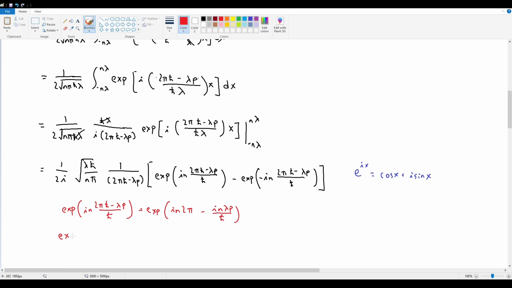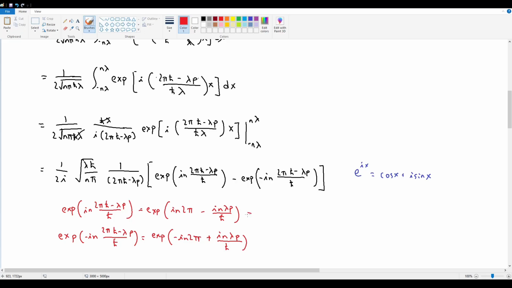Similarly, exp of negative i n of 2 pi h bar minus lambda p over h bar is going to equal exp of negative i n 2 pi plus i n lambda p over h bar, like that.